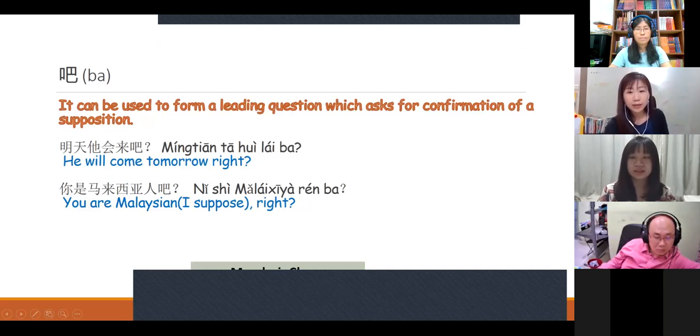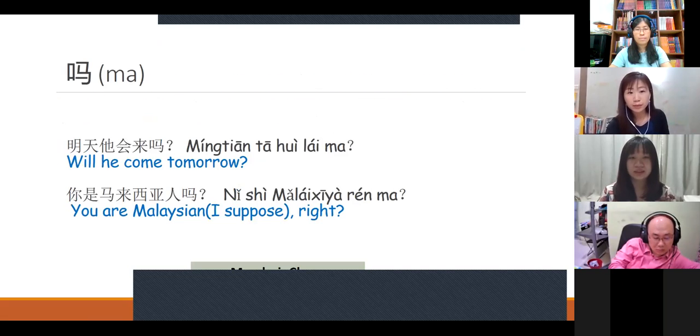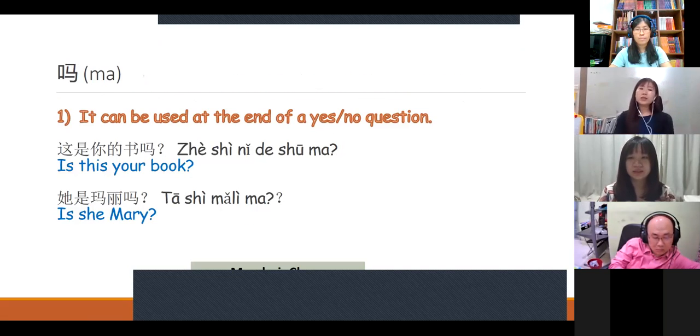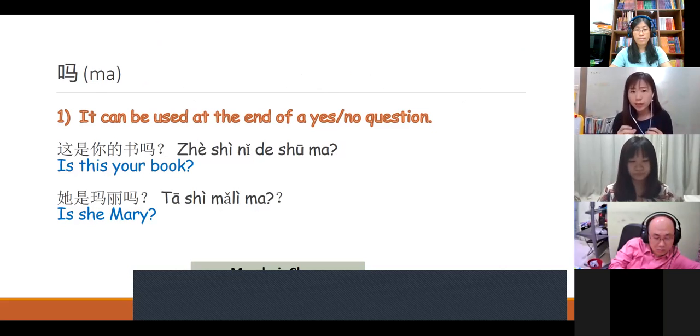I'll just do a summary about the ma and the ba. When we use these two words, you can use them in the same context or in the same questions, but they have a different expectation. The answers are the same, but the expectation from the person who asked might be different.